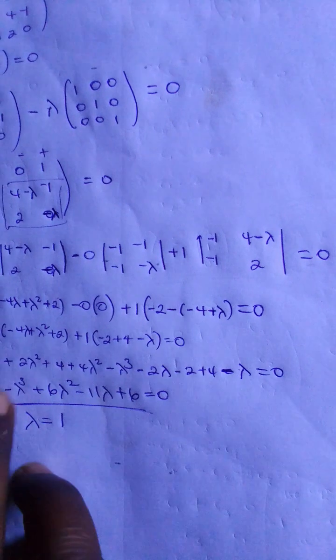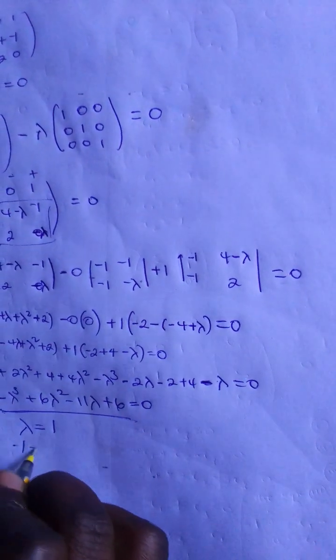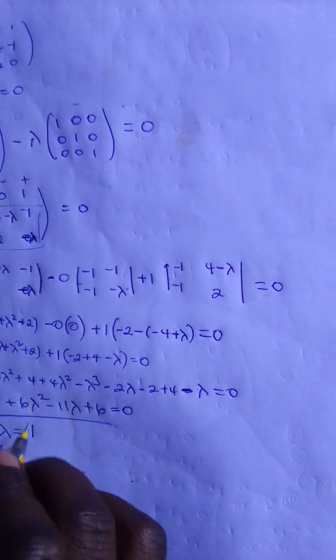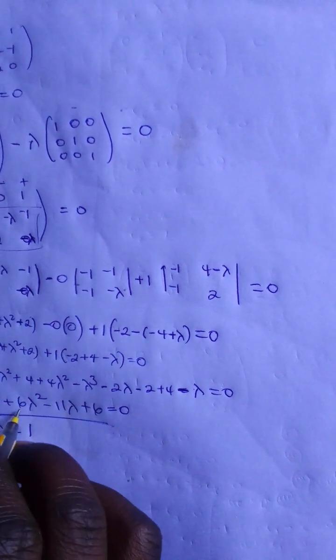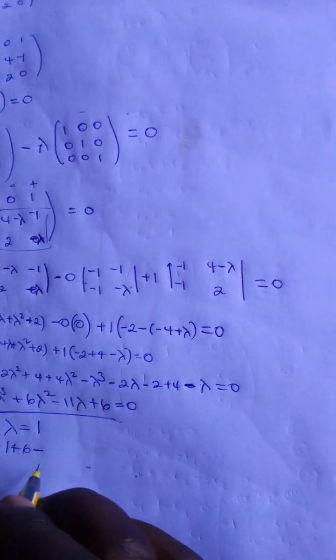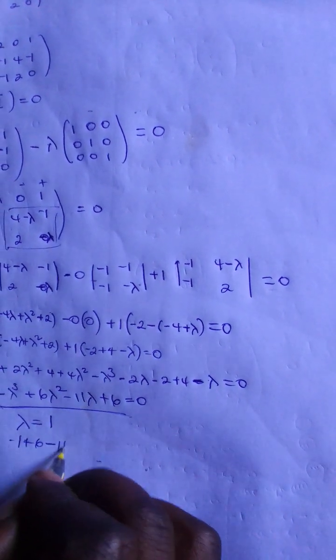When we put it into this lambda, it will be negative 1, then plus 6. Lambda squared, because 1 squared is equal to 1, when we multiply it by 6, comes 6. Then we subtract 11 times 1, which is 11, then plus 6.